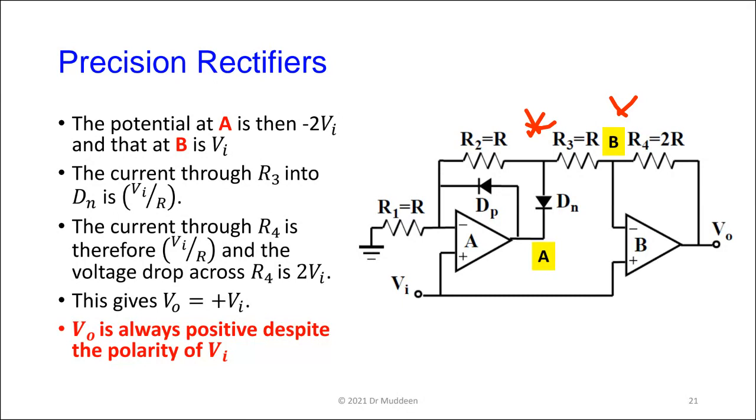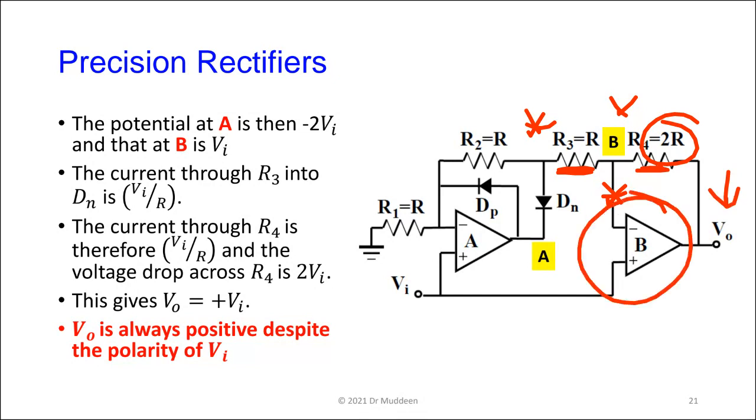And then that is the current going through R4, because you remember the op amp itself, op amp B, doesn't take any bias current. So whatever current is passing through R3 is also going to pass through R4. When you work it out now, because of the value of R3, you're going to see that the voltage across R4 is now going to be plus 2 V in.